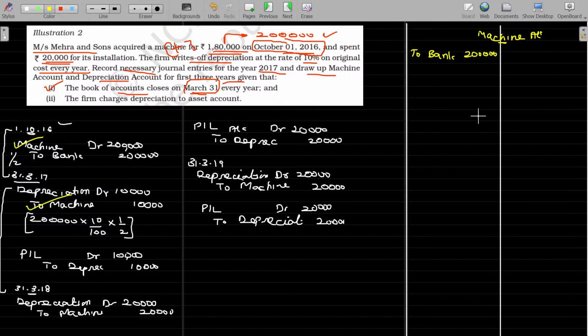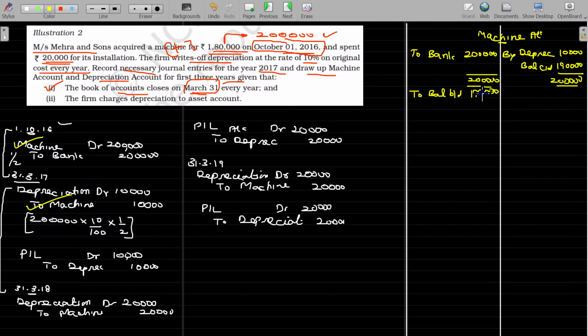And here, by the year end, depreciation of 10,000 is going to be deducted from the asset account. So by depreciation, the value being 10,000 rupees. After subtracting this, the value of the asset being 1,90,000 only. The WDV value by the end of first year is 1,90,000. Balance carried on, rewrite here as balance brought down, 1,90,000.